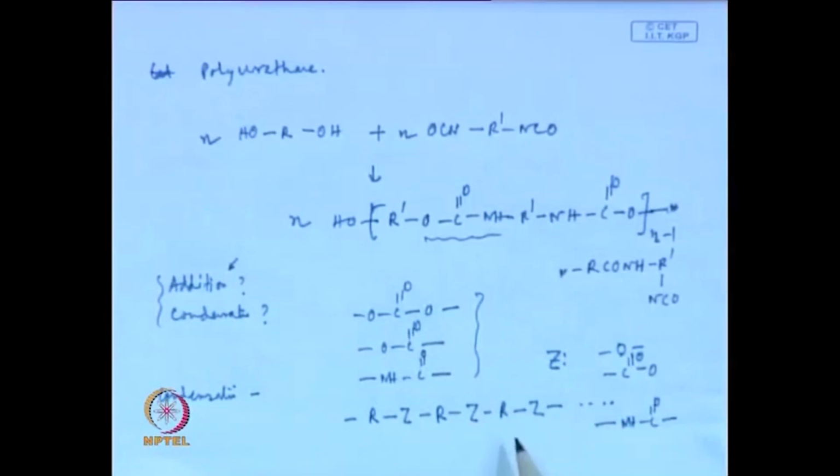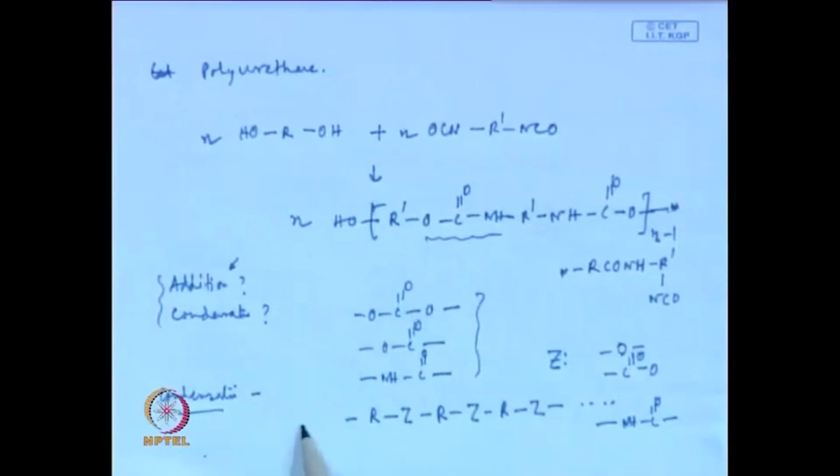The original definition, where addition polymers were made by addition reaction and condensation polymers were synthesized from the monomers by condensation reaction, got modified, and now condensation polymers are those where the polymer contains a functional group in the backbone.